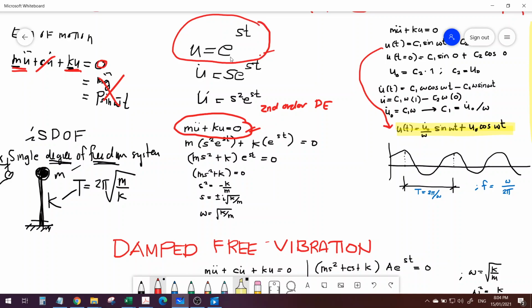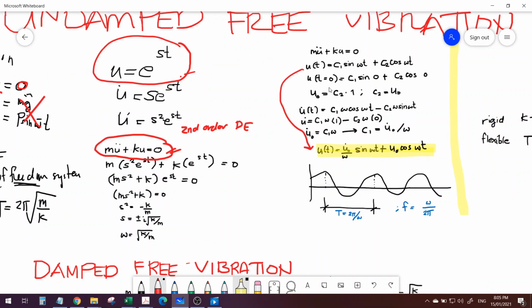U is equal to e raised to st. If this is your solution, you can come up with this general equation.